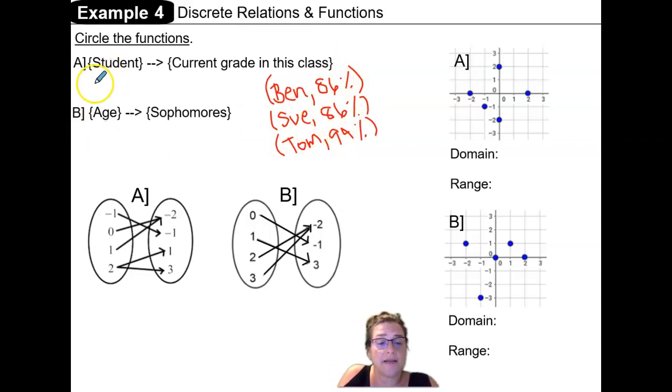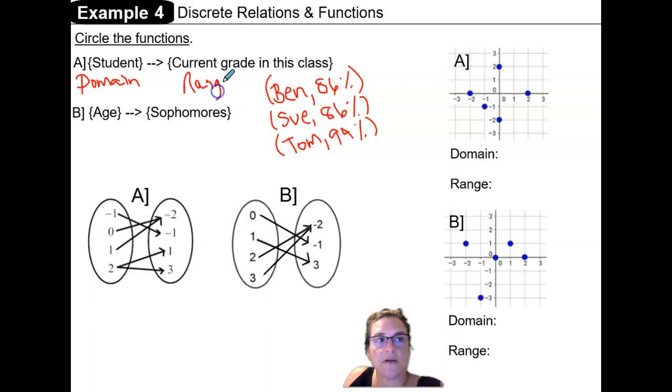And if I take an element from the domain, which is my list of students, and I map that, that's what the arrow says, map it onto an element of the range.